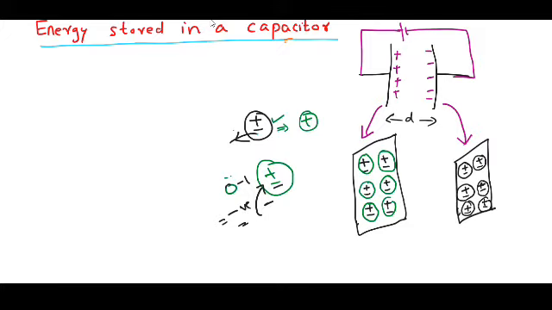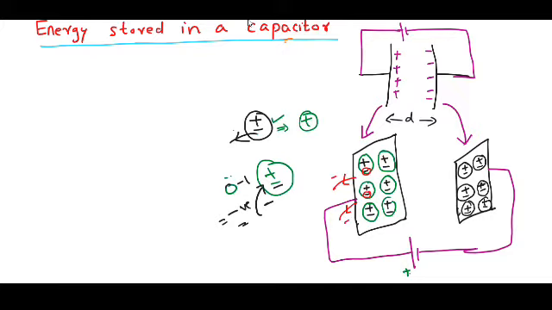If you connect a battery to this setup, then the positive terminal of the battery attracts an electron from this atom or from this plate. Then the electrons start to move from this plate.